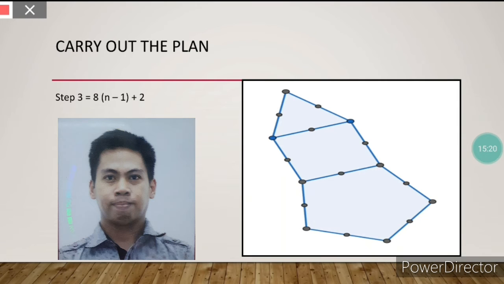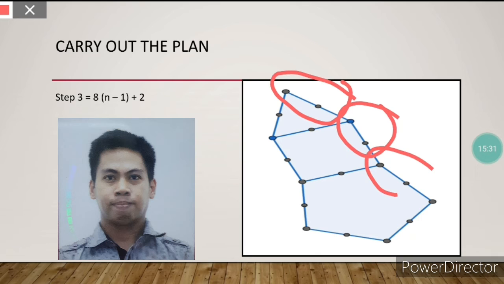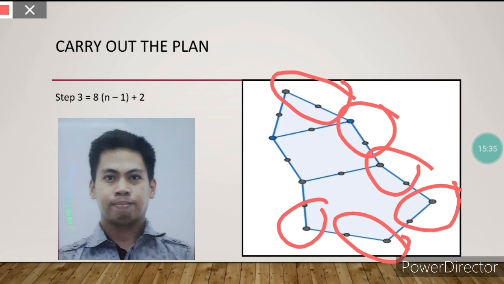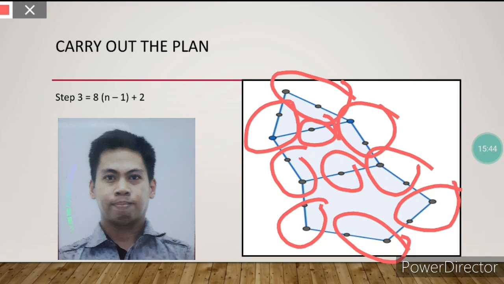Step 3, the formula in finding the total number of dots is equal to 8(n − 1) + 2. And this is the plus 1 and another plus 1.